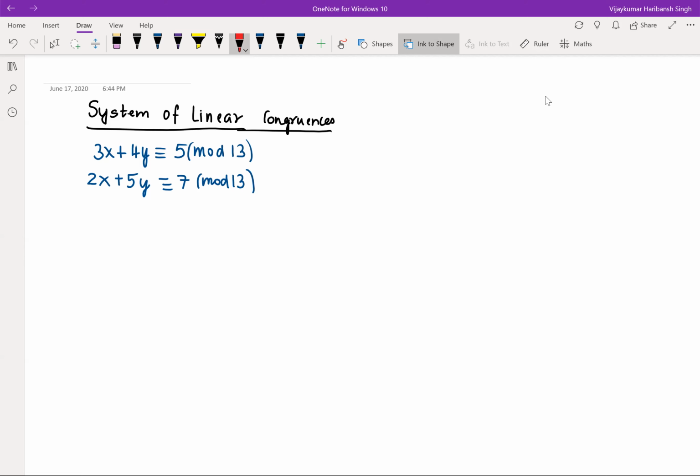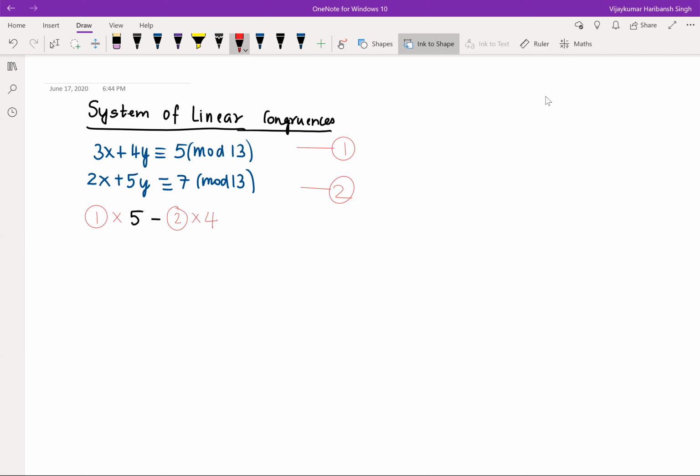So we will multiply equation 1 times 5 minus equation 2 times 4. So this is what we are going to do. Let's first multiply them and see what we get.